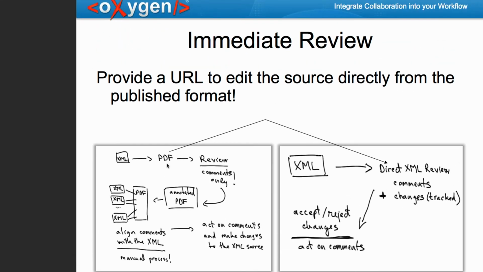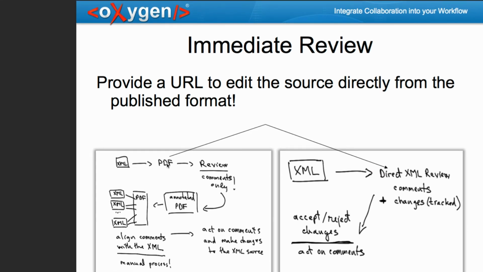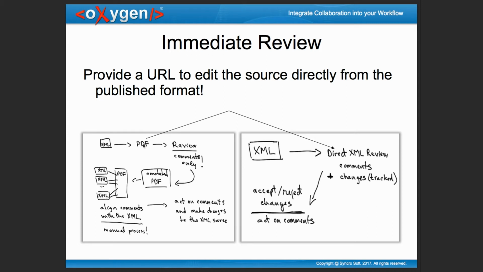Yeah, this works quite well, and you record all the changes or all the comments directly on the XML source. So then you can very easily, you don't need to align, you don't need to do anything. You can go through them and accept, reject them if you want.